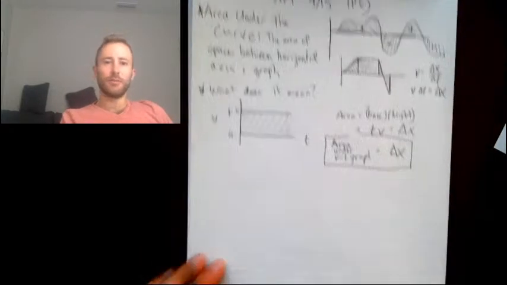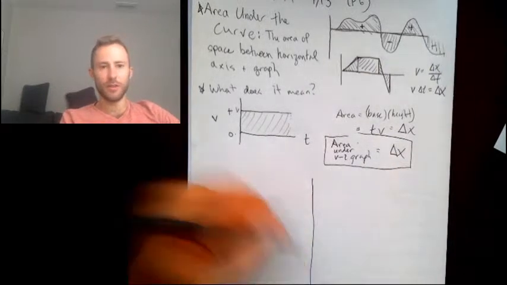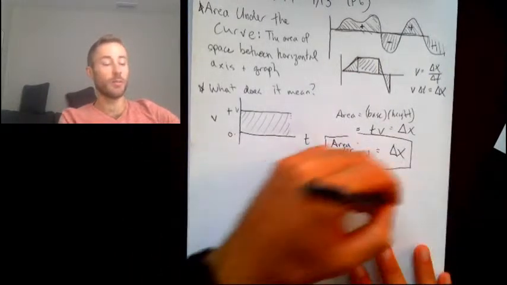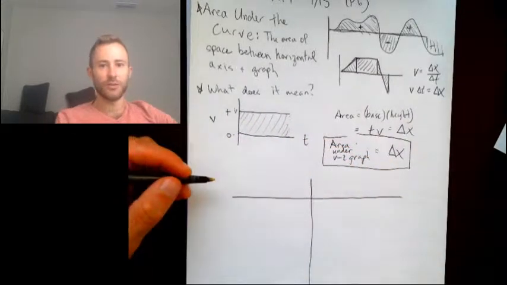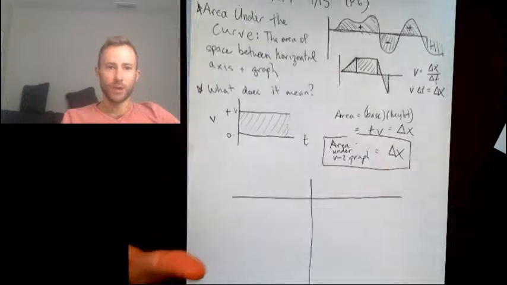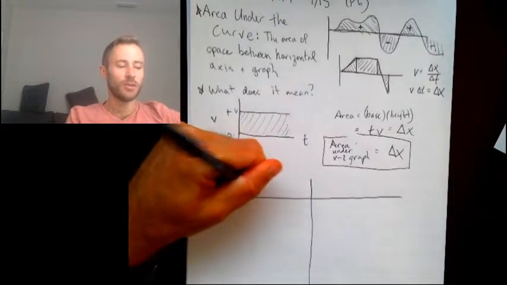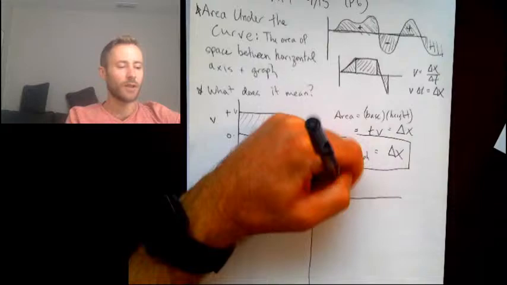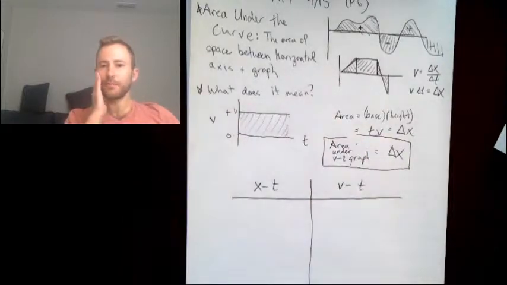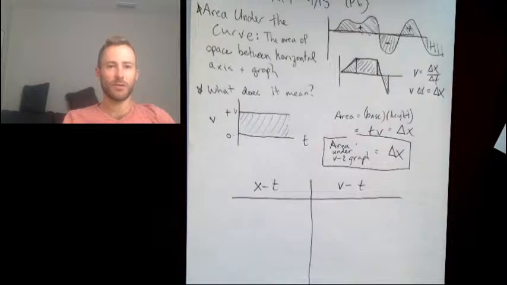So that's going to lead me to a table. All right, so this table has everything that you need to know about motion graphs. First thing you want to look at is you always want to read your axes. And there are two types of motion graphs that we have discussed, which are position time graphs and velocity time graphs. Okay? Position time graphs and velocity time graphs.